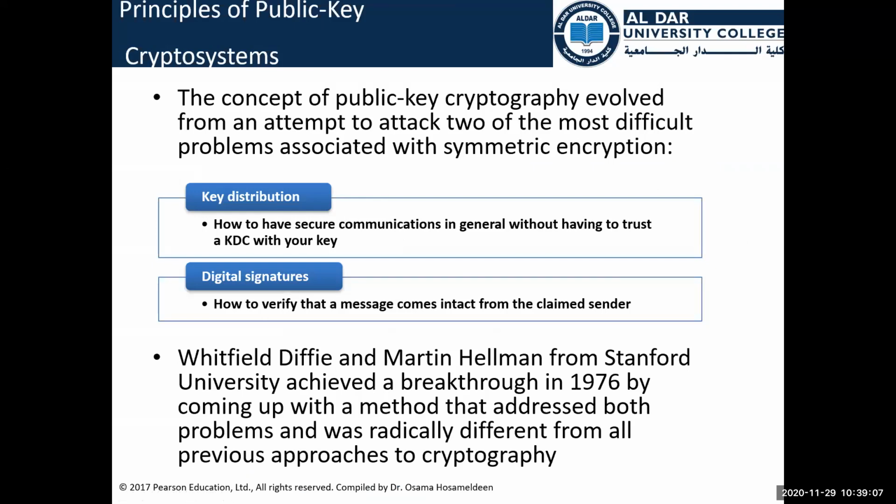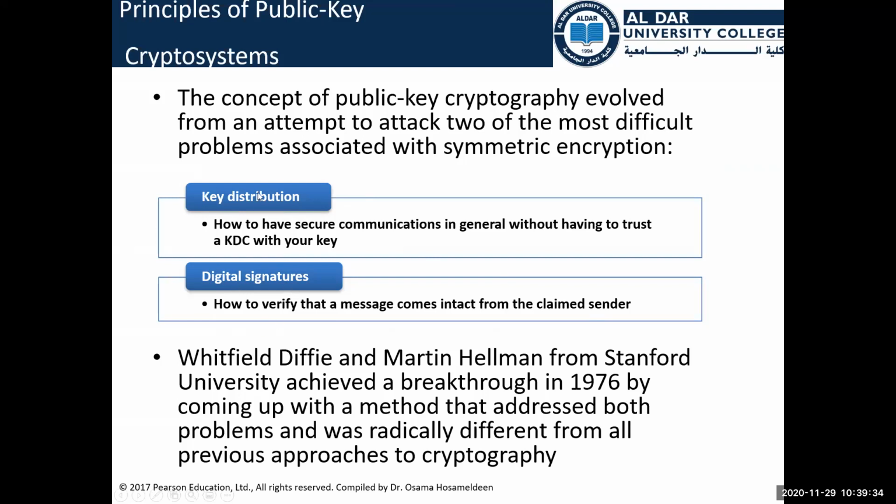We have also seen that the public key cryptography concentrates on two important things, the key distribution and digital signature. There are two types of encryption in this way. Either you use your public key or the other party's public key to encrypt the data, or use your own private key to encrypt the data.